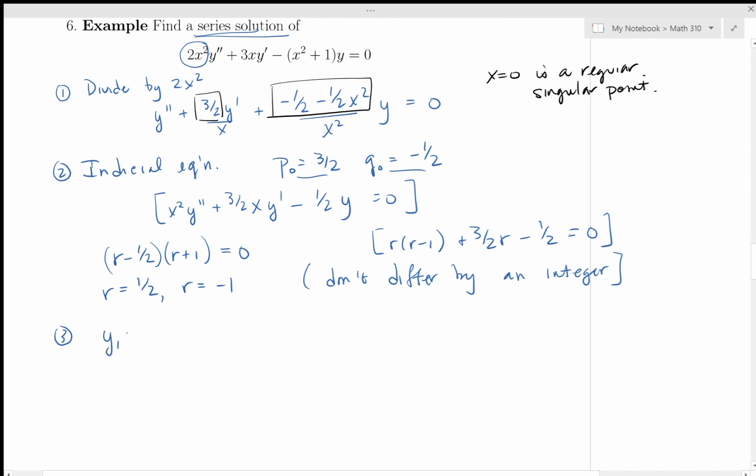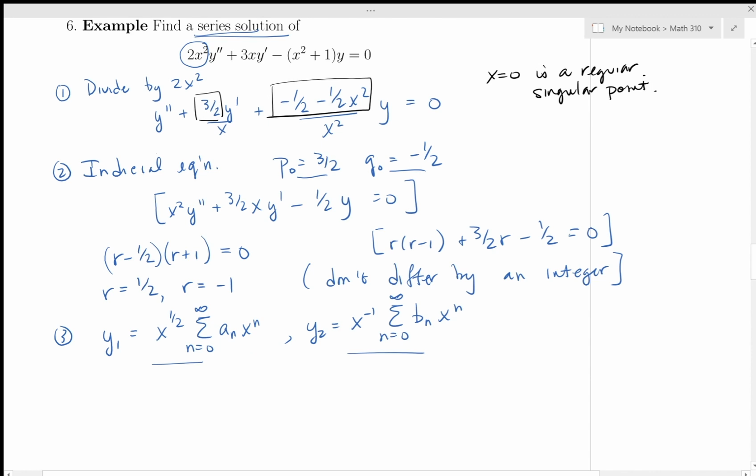The first one looks like this, x to the 1/2, and then my power series. And my second one looks like this. We are now going to take these proposed solutions and substitute them into the differential equation.